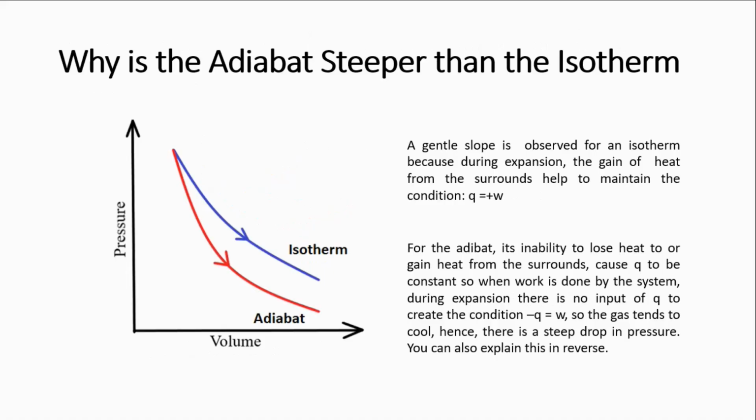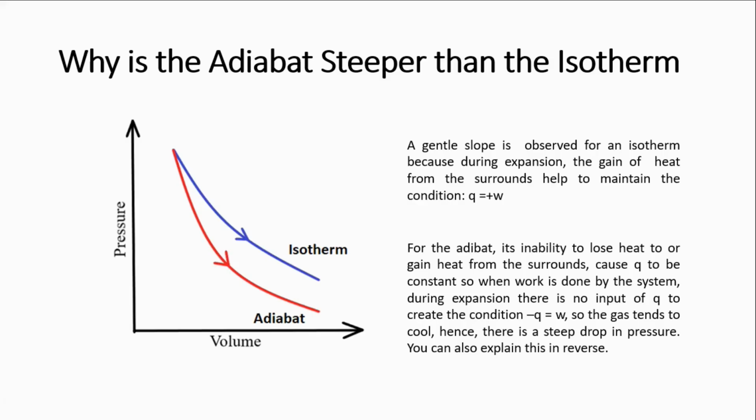Now, if you think about having a gas in a container. Right? The gas is in a container, and let's say you have a movable piston. We're going to discuss the isotherm first. We have a movable piston.